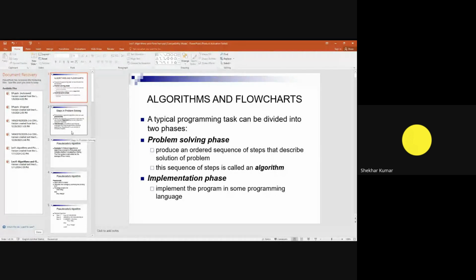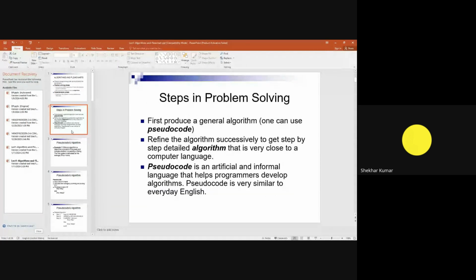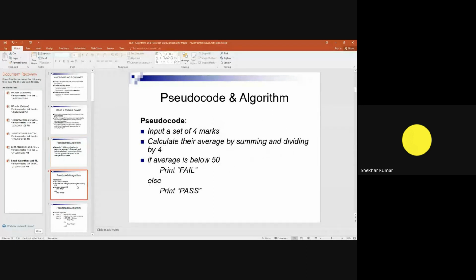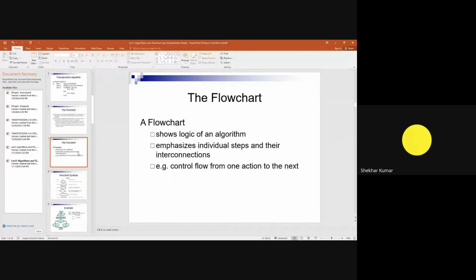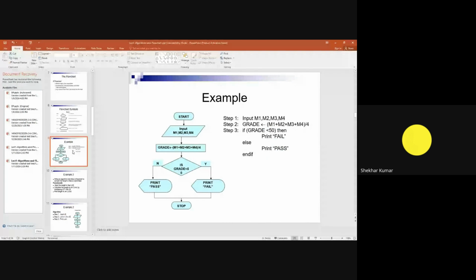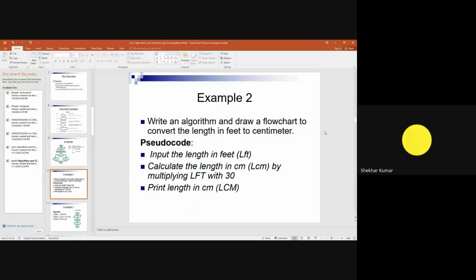After that, we discussed what pseudocode is and what an algorithm is. With the help of this example, you are now able to write pseudocode as well as the algorithm, and you are able to write a flowchart. Okay. There is one more example. We are going to discuss it also.